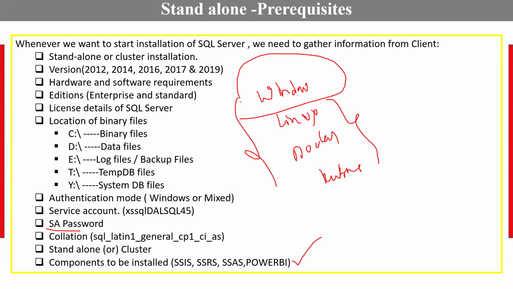Being Windows lovers, we know Windows, we will work on Windows, we are installing on Windows only. But no one can predict, sir. You may get a chance to work on Linux, on Docker, on Kubernetes, or even on Docker Kubernetes clusters.